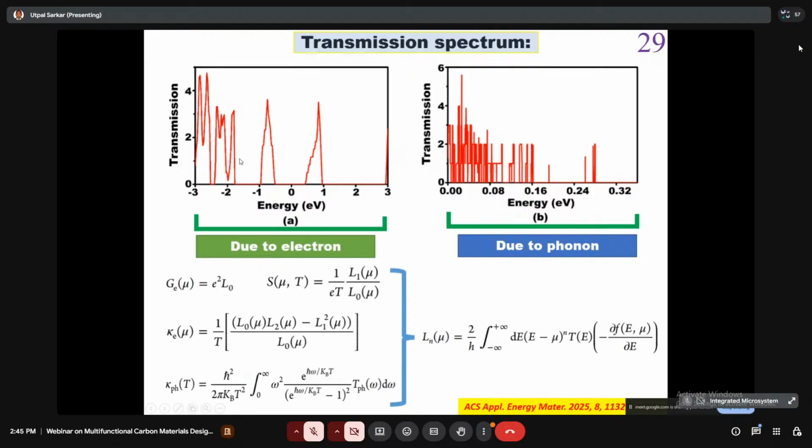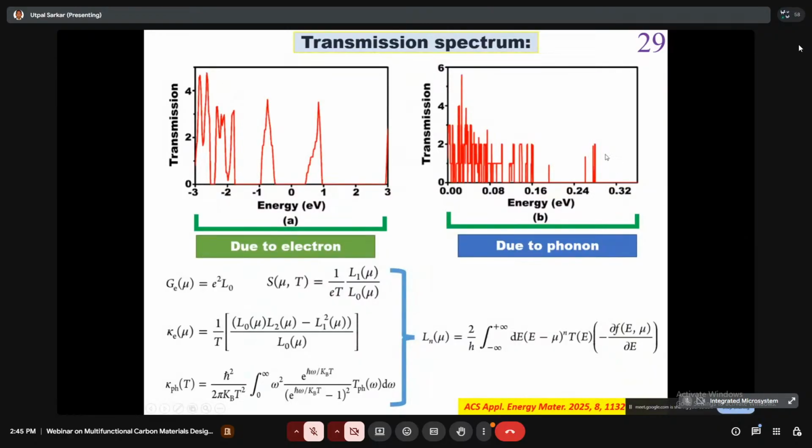This is the transmission spectra for the electronic contributions. This is the phononic part. So the phonon band structure, transmission spectra from the phonon, transmission spectra from the electron. You see, this is basically in the conduction band. There is a contribution here, and it's almost symmetric here.